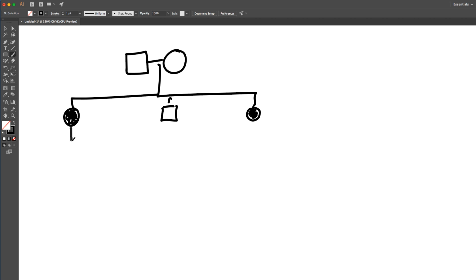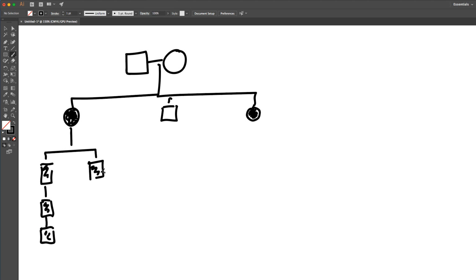And this daughter gave rise to 2 sons, and both of the sons are afflicted. Then this son has a son who's afflicted, and this son has a son who's afflicted.